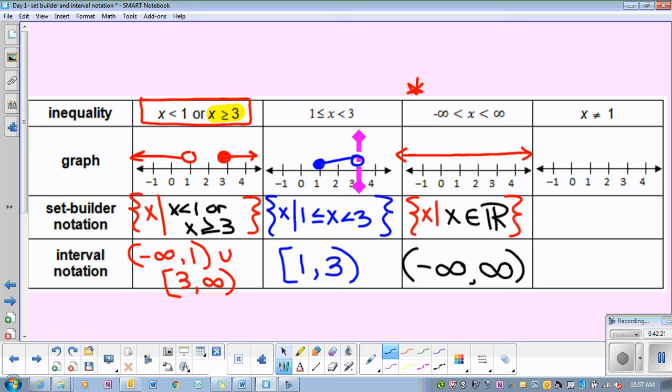So then we have to graph this by putting an open circle on the 1. It could be all numbers that are less than that, and it could be all numbers that are what? Greater. Good.